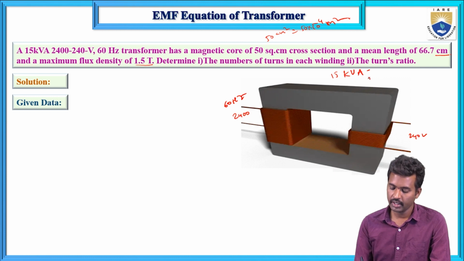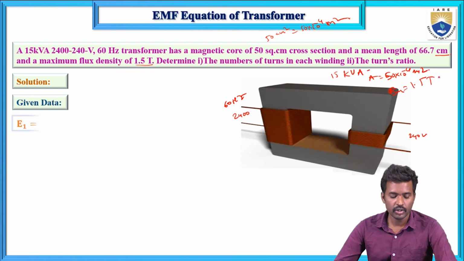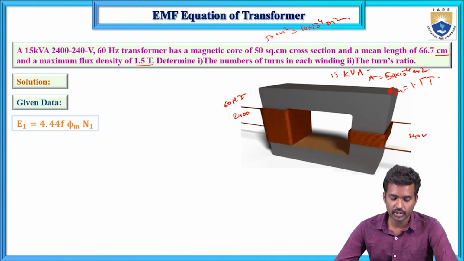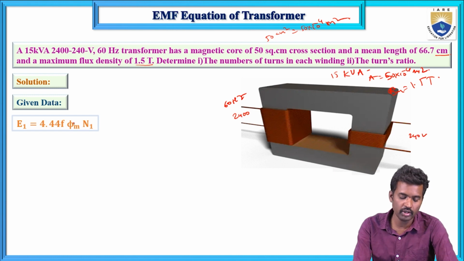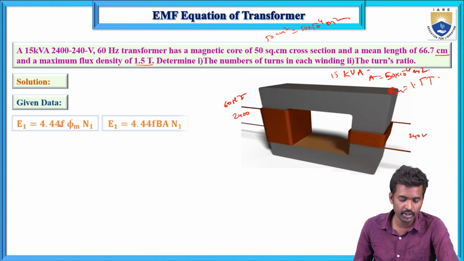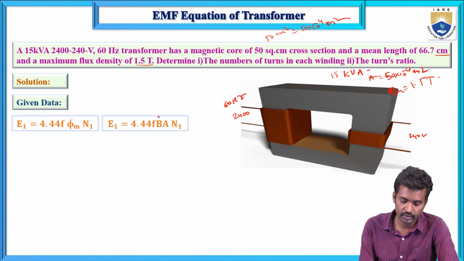The area equals 50 into 10 power minus 4 meter square and flux density Bm equals 1.5 Tesla. Now here are the formulas. E1 equals 4.44 F phi m N1, where phi m equals B into A.